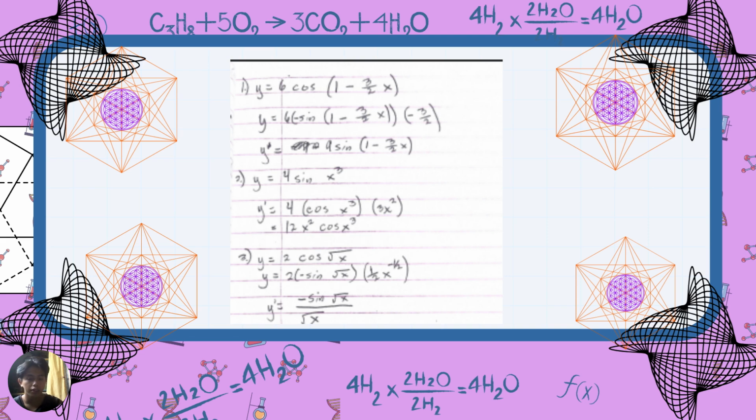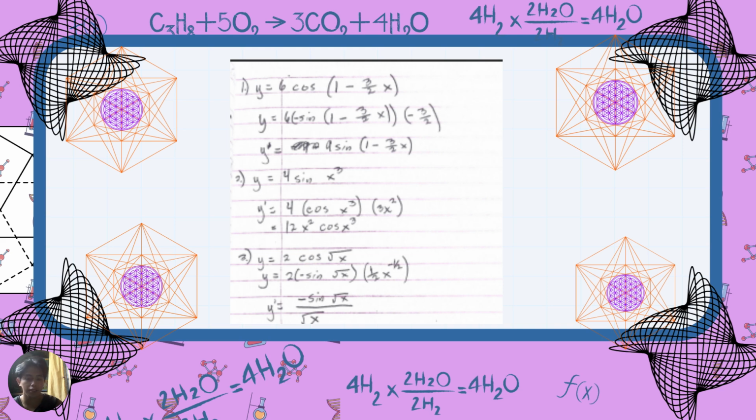So let's copy the constant, which is the 2, and then the derivative of cos square root of x is just negative sine square root of x, and then the derivative of square root of x is 1 half x, then 1 half minus 1 is equal to negative 1 half.